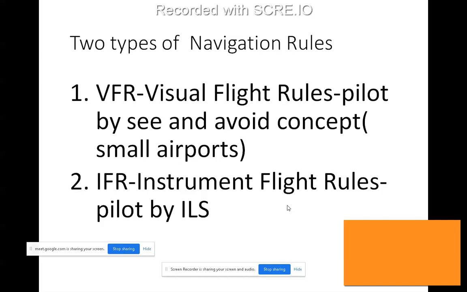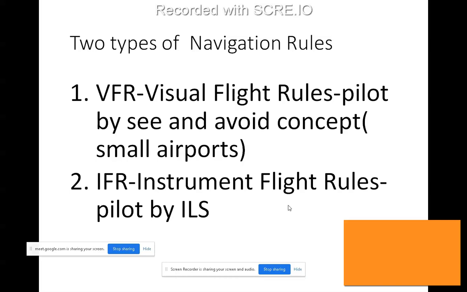Navigation rules have two types. One is VFR and another one is IFR. VFR is visual flight rules, where the pilot navigates by sight. By seeing, the pilot is able to avoid problems, and the pilot will control the entire aircraft based on the visual flight rules.